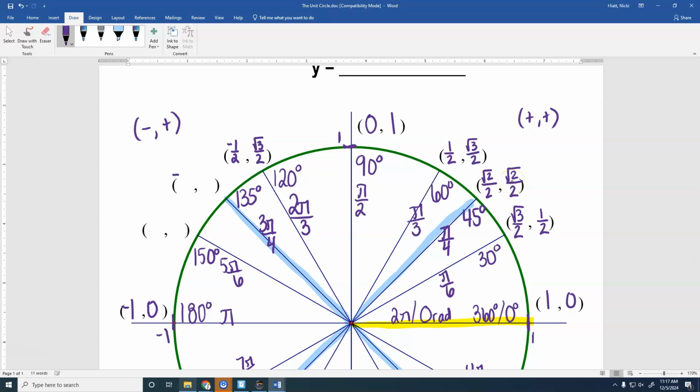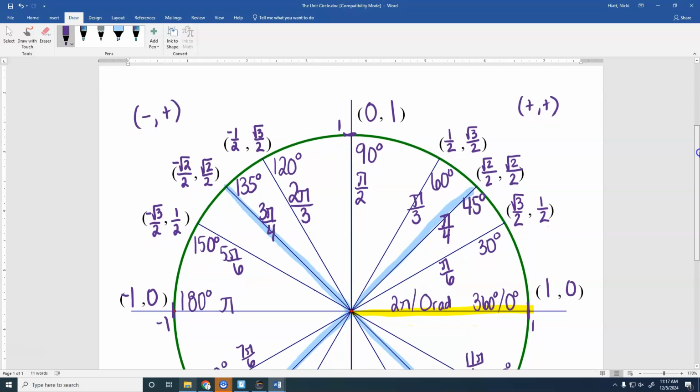It would be negative square root of 2 over 2 and positive square root of 2 over 2. And then this one matches up, negative square root of 3 over 2, positive 1/2. All right, we just got to get the bottom of it done. We're almost done.